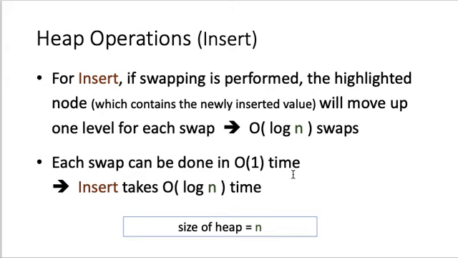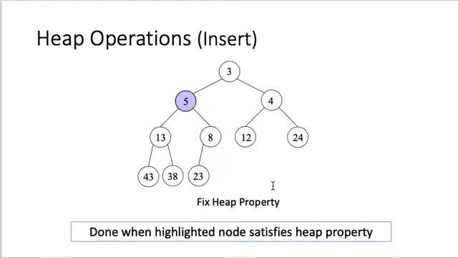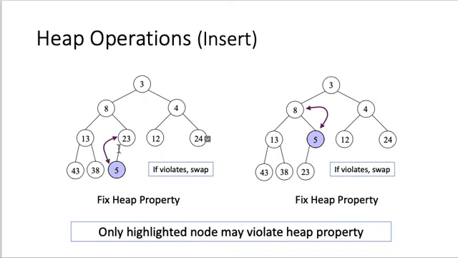Now as for the time analysis, we will see that whenever there is a swap, the highlighted node will move up one level after each swap. But the tree has only log n as its height, so there are at most order log n swaps performed. And each swap actually just exchanges the content of the nodes here.